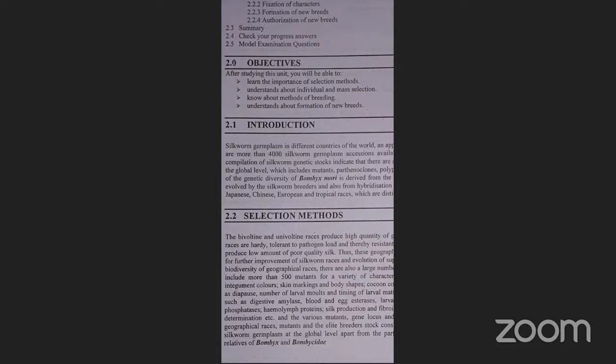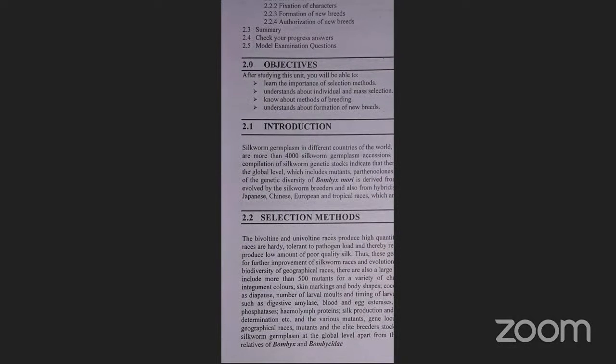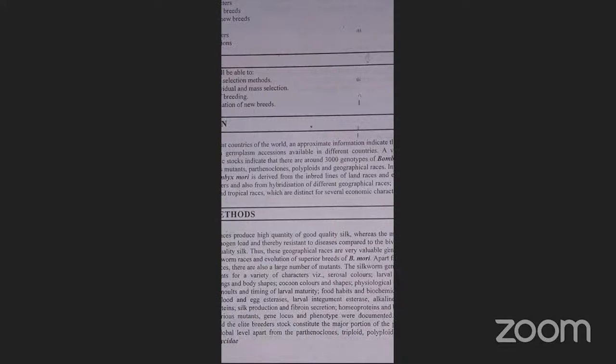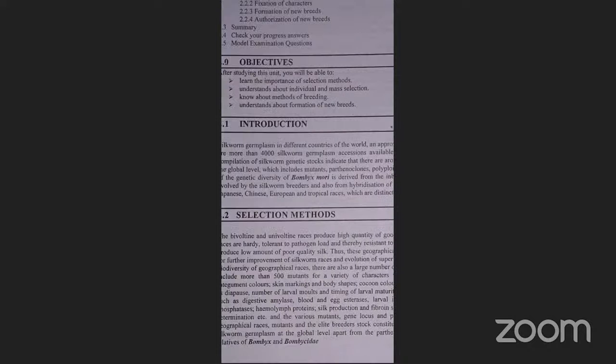Next, how to control the selection method, natural and artificial. The bivalent and univalent races produce a high quantity of good quality silk. As I said yesterday, bivalent and univalent races give good quality cocoons and silk fibers, because of the fifth instar life cycle and the development of internal organs like the salivary glands.